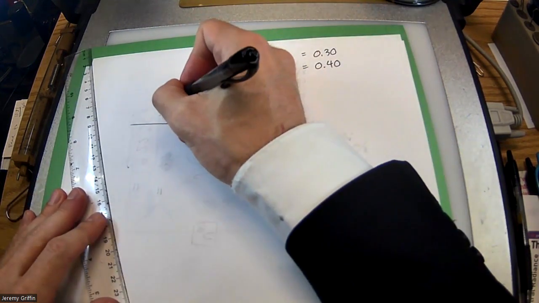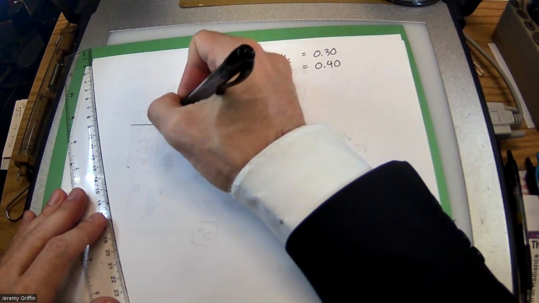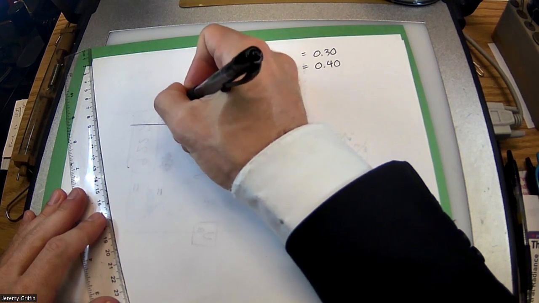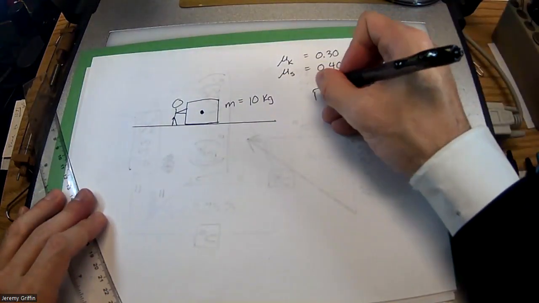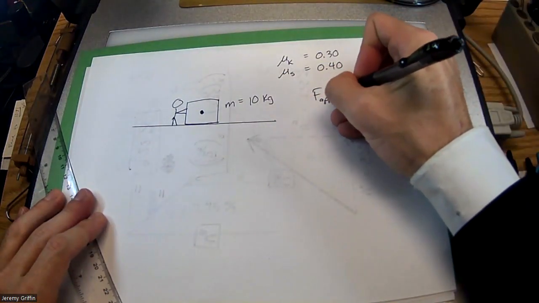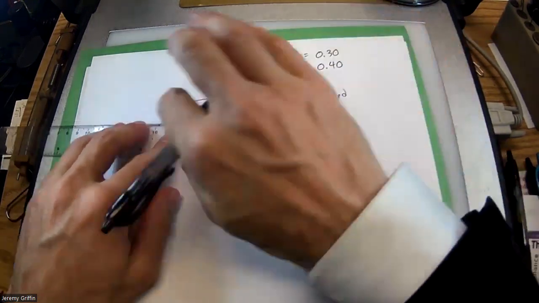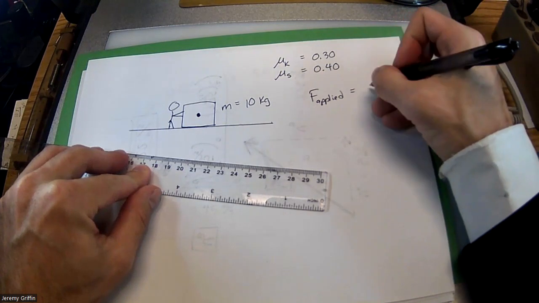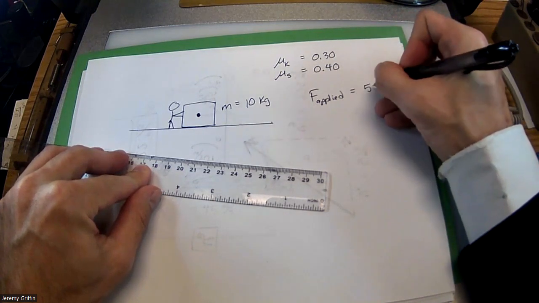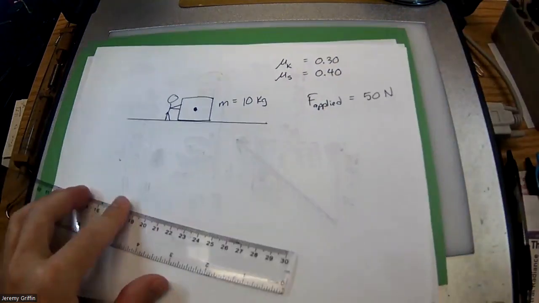Somebody's pushing this box with an applied force, strictly horizontal, so they're pushing to the right horizontally, of let's say 50 newtons of force.